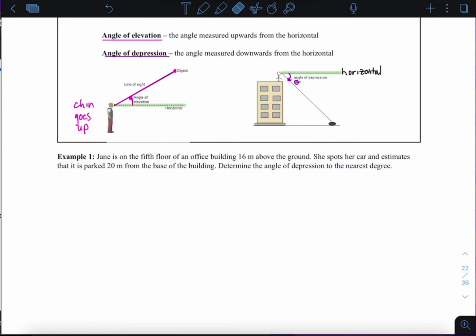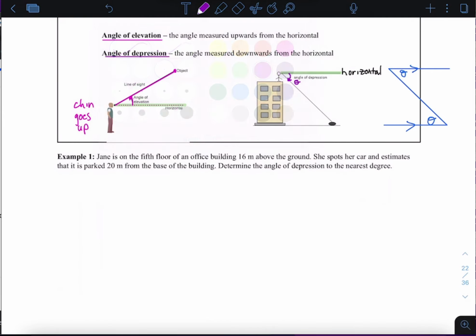In fact, we know if we were to think about a Z pattern from here, okay, the reason I keep saying the word parallel is if I know my line of sight is parallel to the ground and my angle of depression is this one, well, I also know that this will be the same angle.